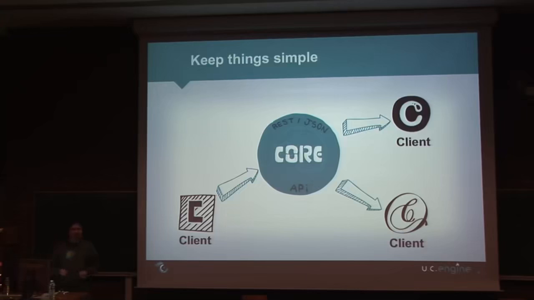UC Engine is built to be developer-friendly, so we really try to keep things simple. We have built a REST API on top of an Erlang core, with JSON as the primary exchange format. As it's HTTP-based, it's simple and you have tons of libraries to play with.